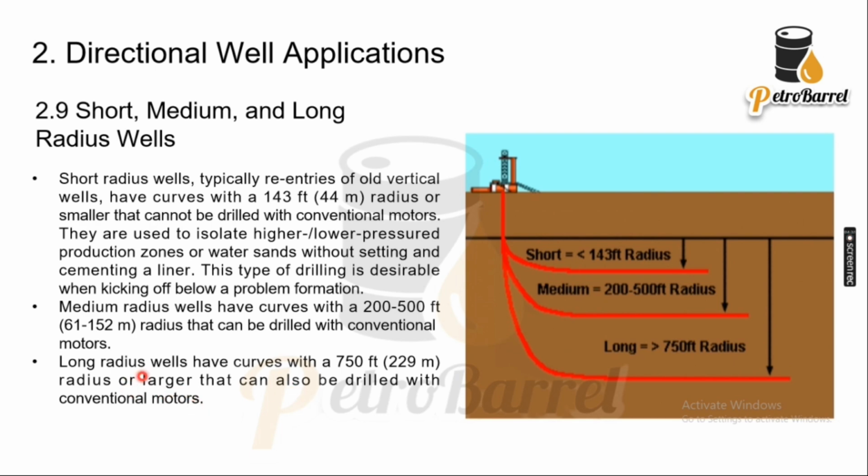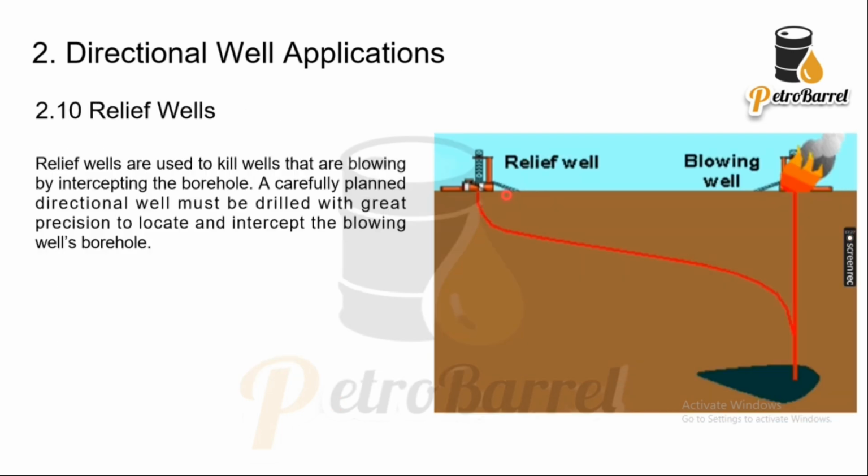And according to long radius wells, the radius of curvature is 750 feet or more than 750. And according to medium or long radius of curvature, we can drill it more easily than the first one because we can drill it by conventional motors.